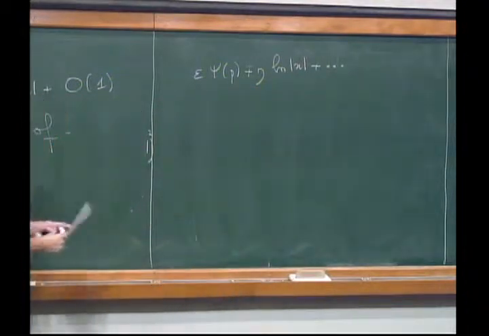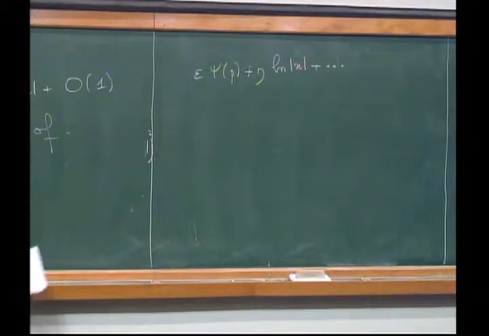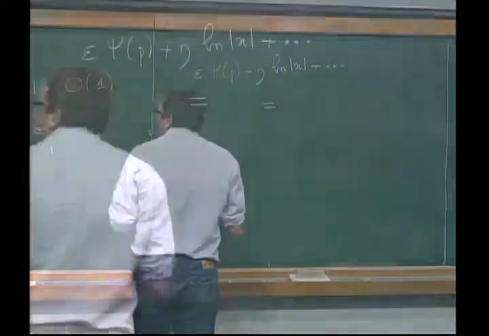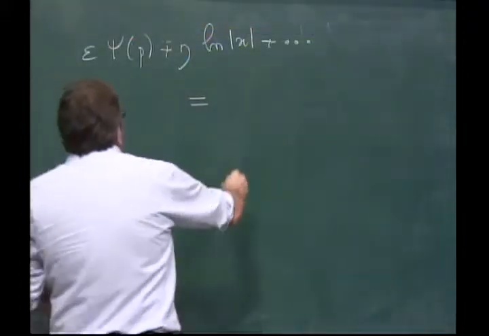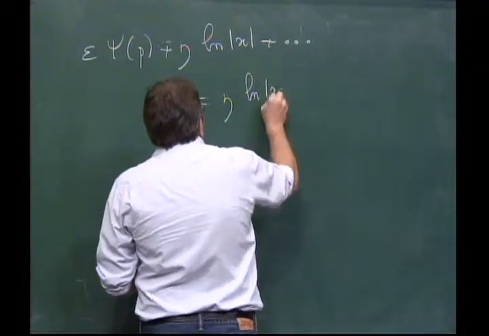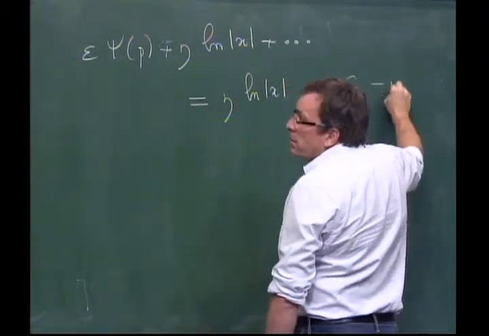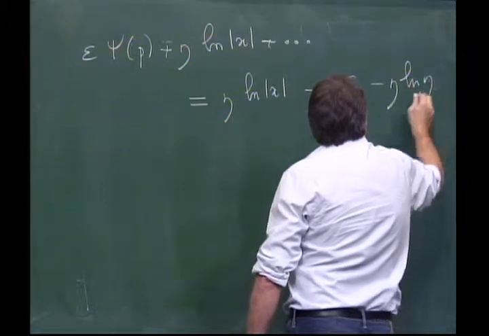And if you look at the upper end of the rescaled catenoid here, it has the expansion eta log x plus eta c minus eta log eta plus smaller terms, so you want to match this with that expansion.